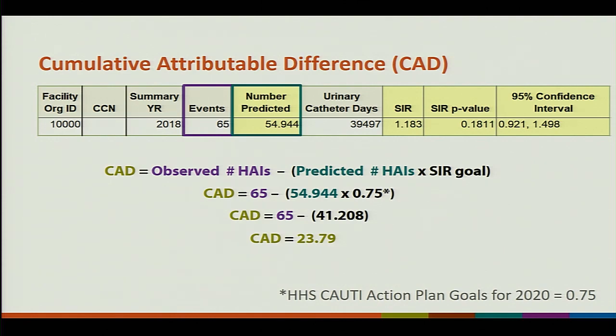When we plug that into our equation, taking our observed, which was 65, our predicted, 54.944, and multiplying by that SIR goal, what we get is 65 minus 41.208, and that's going to translate into our cumulative attributable difference, our CAD, seen here as 23.79, which means we would need to prevent 24 infections over a year, because the accumulation point that we used was a year, over 2018, in order to reach our SIR goal of 0.75.